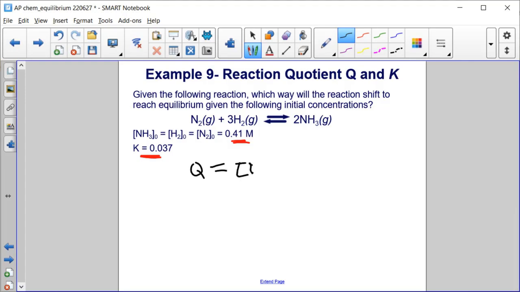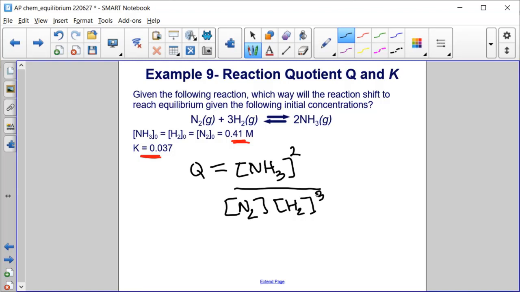It's the ratio of the product concentrations to the reactant concentrations. Don't forget to raise each concentration to its coefficient.